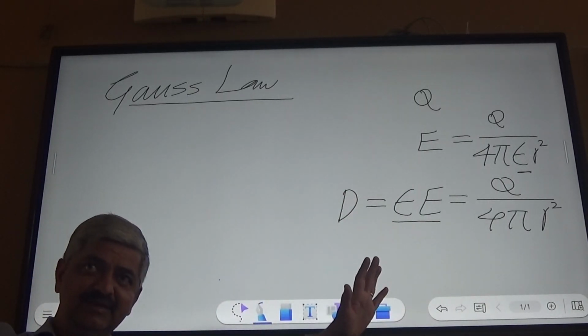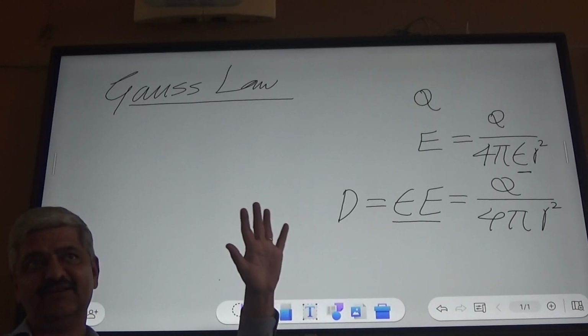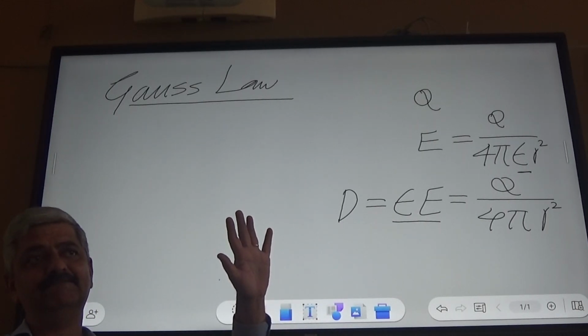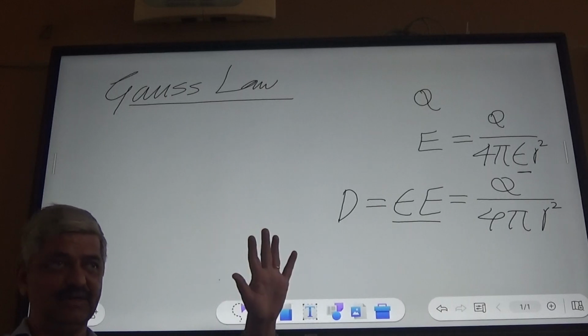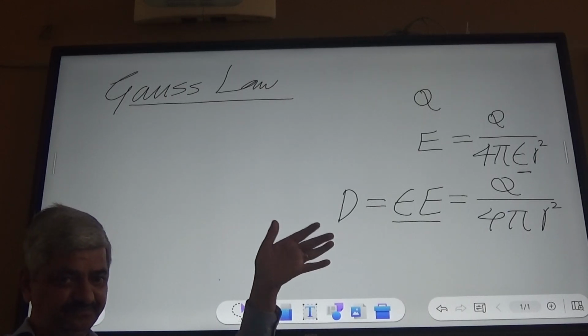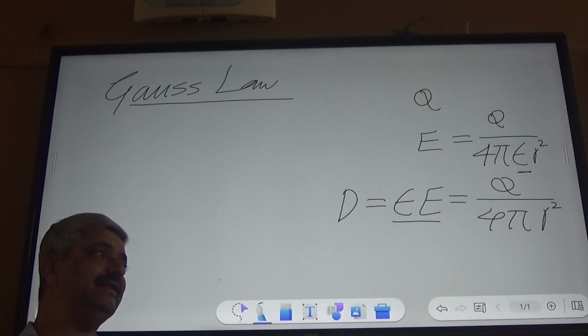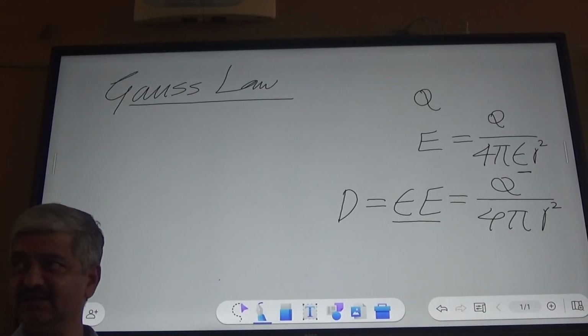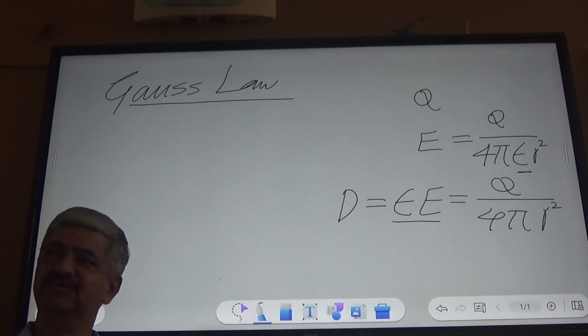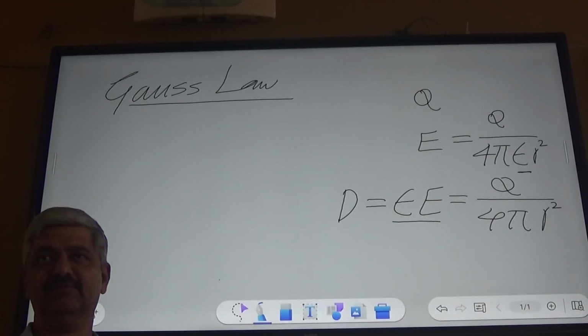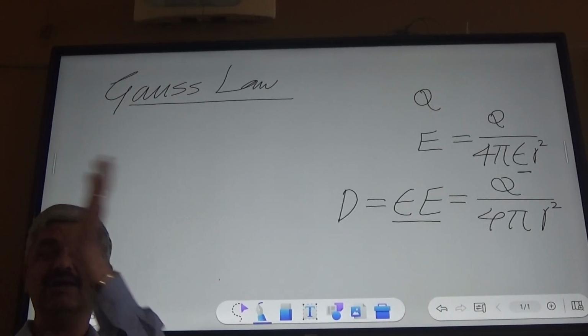Is electric flux a scalar or vector quantity? Vector quantity, meaning it has magnitude as well as direction. Then electric flux over a surface, what may it mean? Rather than asking what does it mean, I will ask what it may mean.